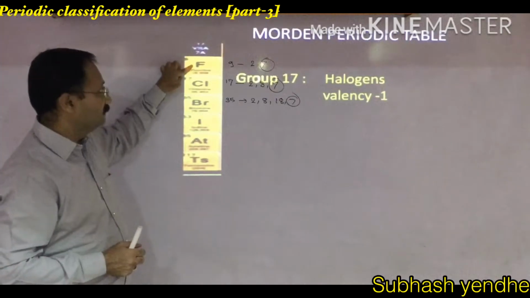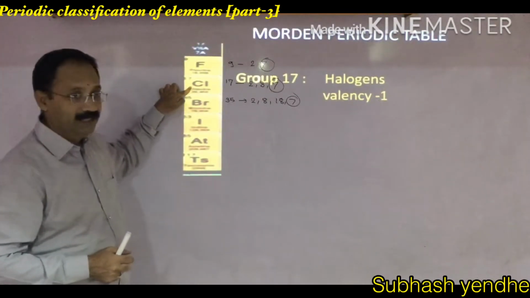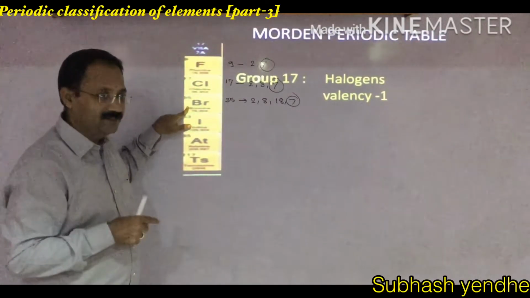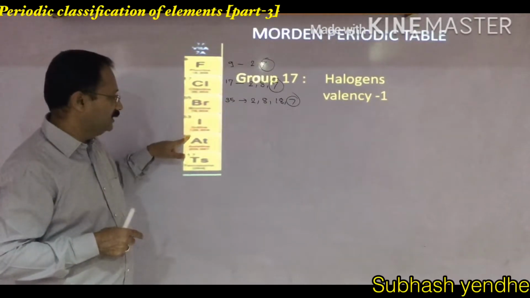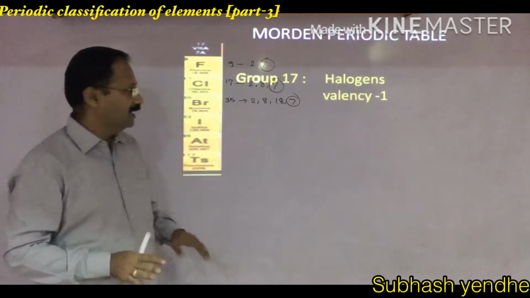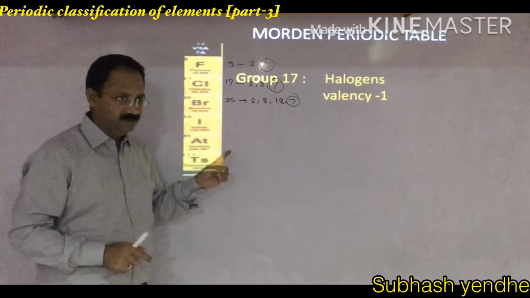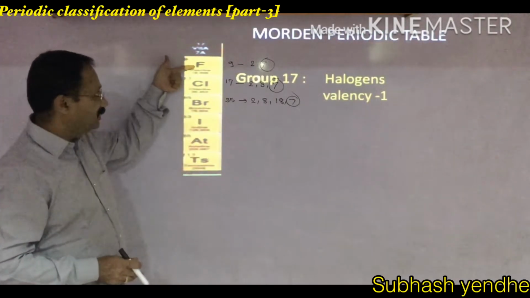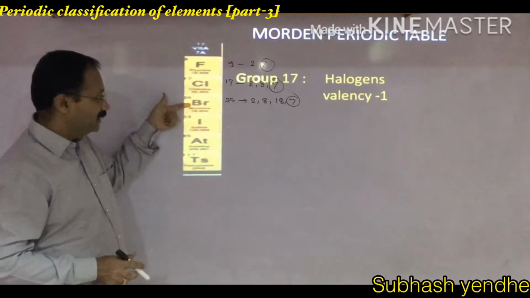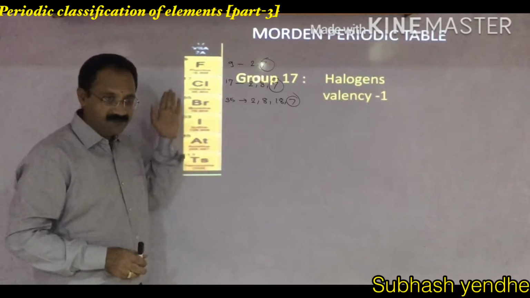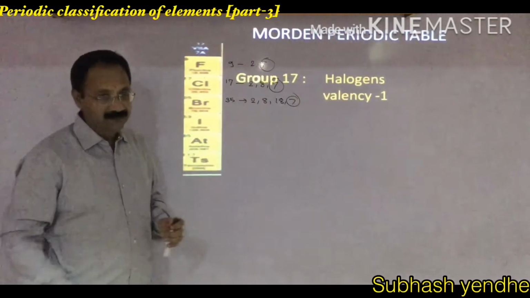Now, see, fluorine and chlorine are gases. Bromine is in liquid state and iodine, astatine are in solid state, and all have valency 1. But I told you the idea to remember this one: First class biryani item at a time.